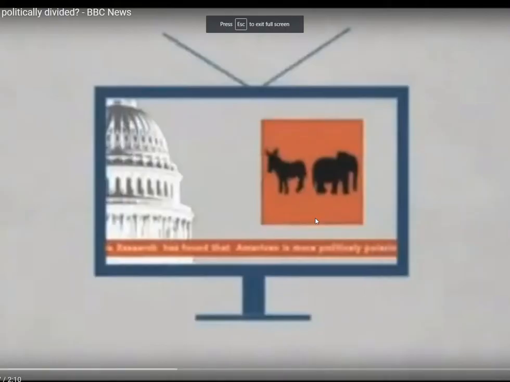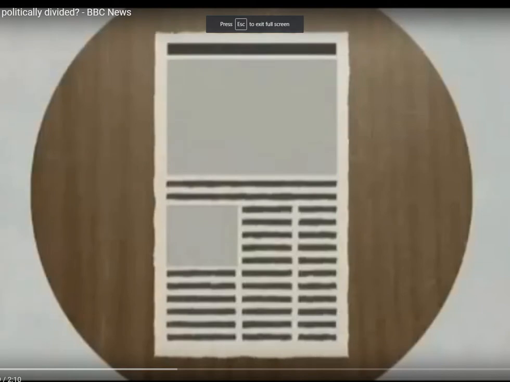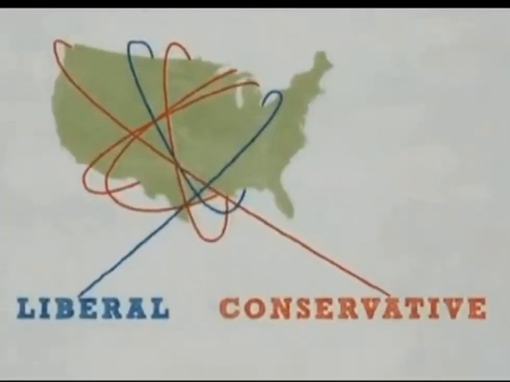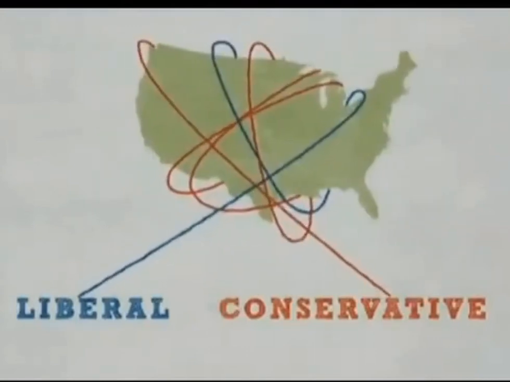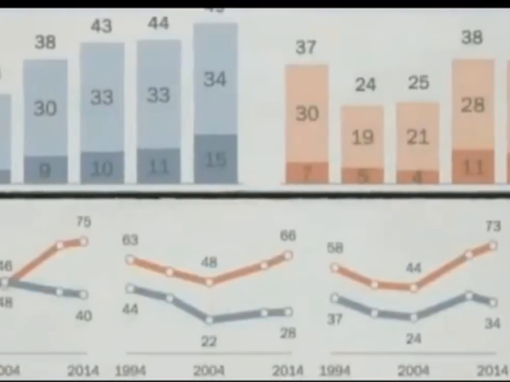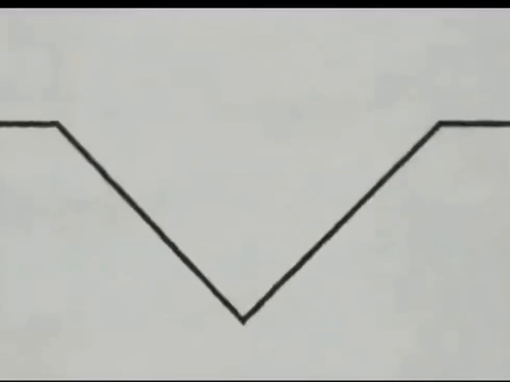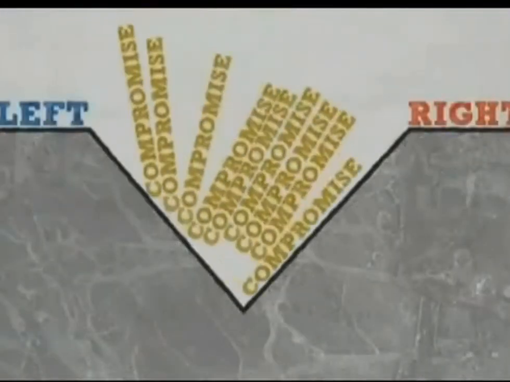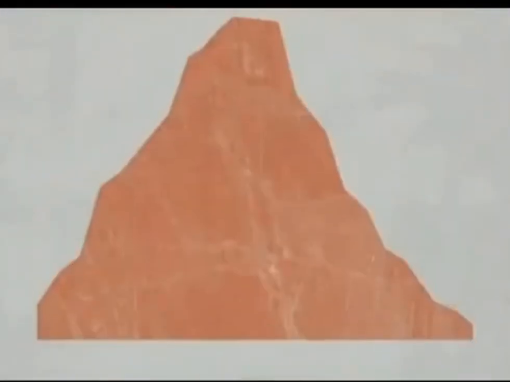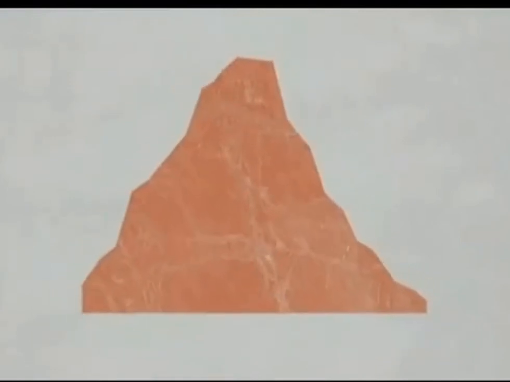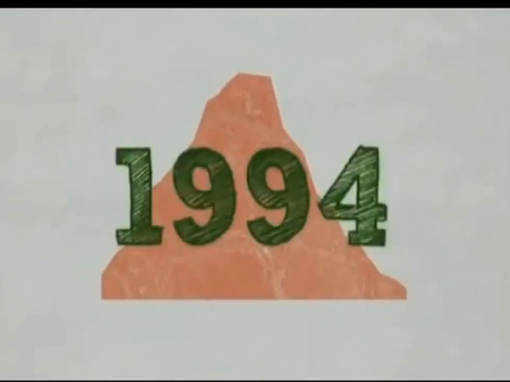So if you watch TV, or read the paper, or check out the old Twitter, the growing political polarization in America is hard to ignore. Well, now, new polling data by the Pew Research Center confirms just how extreme the gap is. The story starts with this rocky-looking thing, which is actually a snapshot of 1994.